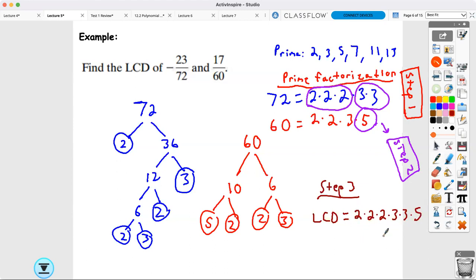Then use your calculator to multiply all these factors. I'm going to get my calculator on my phone, and if you want to do it with me, go ahead. 2 times 2 times 2 times 3 times 3 times 5. I did it. If someone can double check my math, I got LCD is equal to 360.